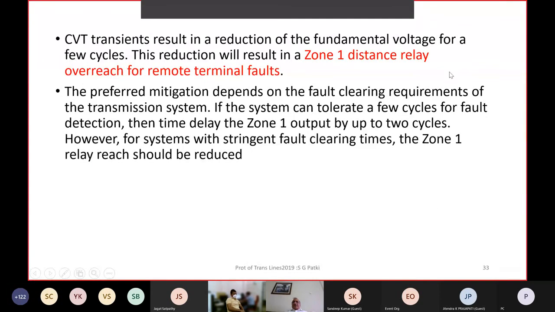In case of CT saturation, you will have underreach. If the CVT transients are there, there can be overreach. So these are some of the issues which we'll have to take into consideration when we suspect undesirable operation as well as inaccurate measurement of the distance.